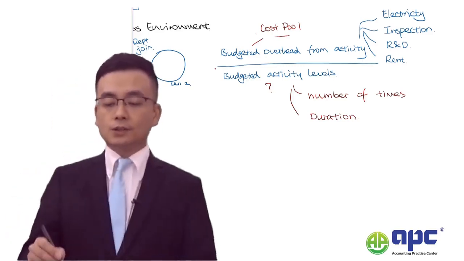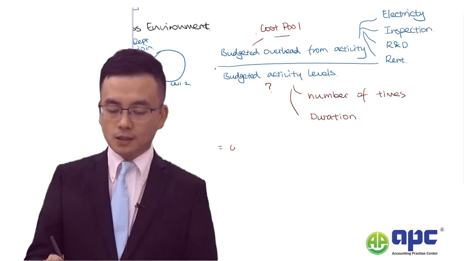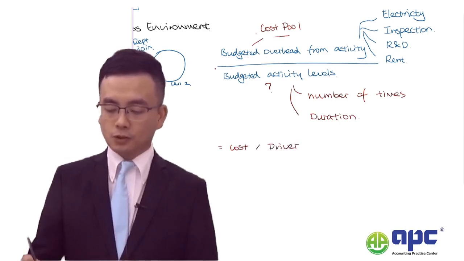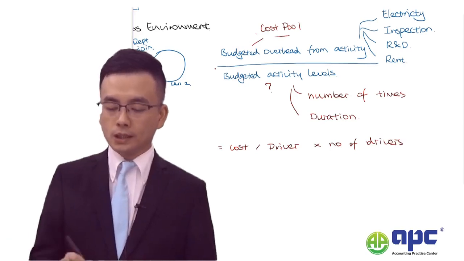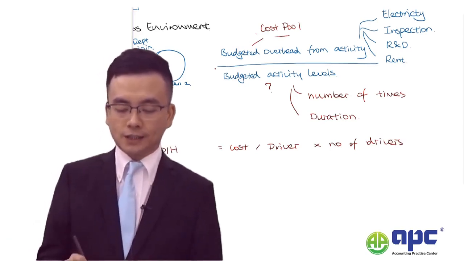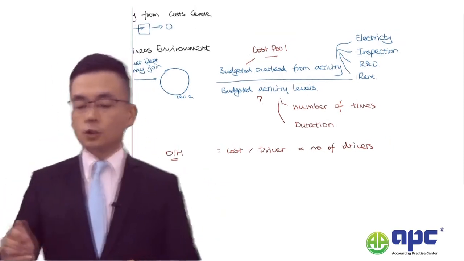ABC would like to use the top divided by the bottom, and that will give me the cost per driver. Using that cost per driver and multiplying by the number of drivers, we can treat this as the overhead to the product. For example, I would like to talk about inspection.